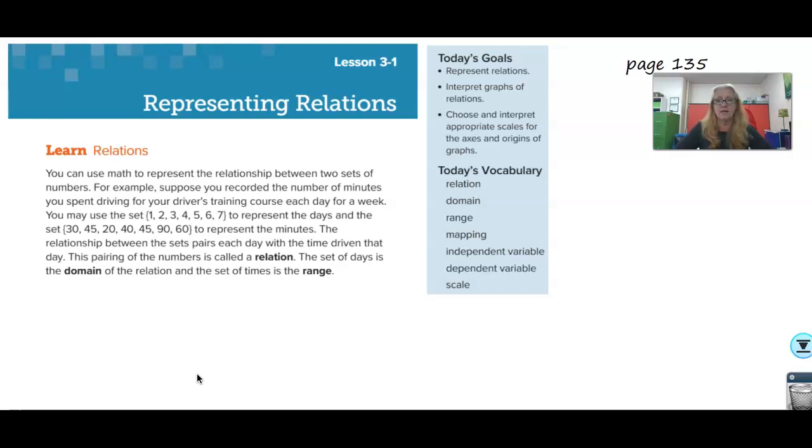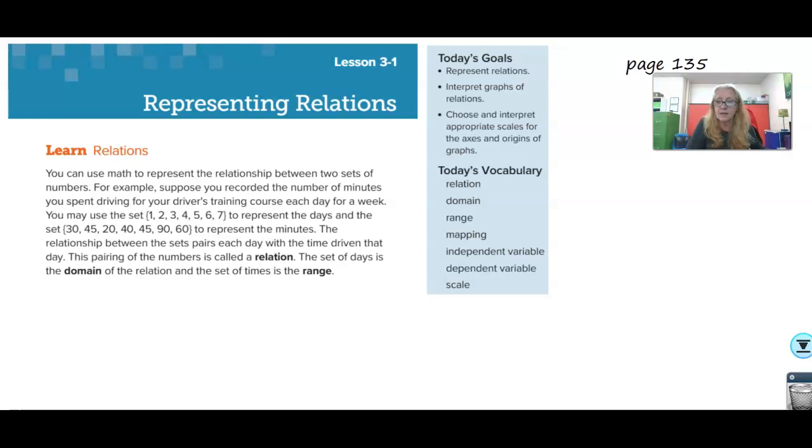You may use the set 1, 2, 3, 4, 5, 6, 7 to represent the days, and the set 30, 45, 20, 40, 45, 90, 60 to represent the minutes. The relationship between the sets pairs each day with the time driven that day. This pairing of the numbers is called a relation. The set of days is the domain of the relation, and the set of times is the range.